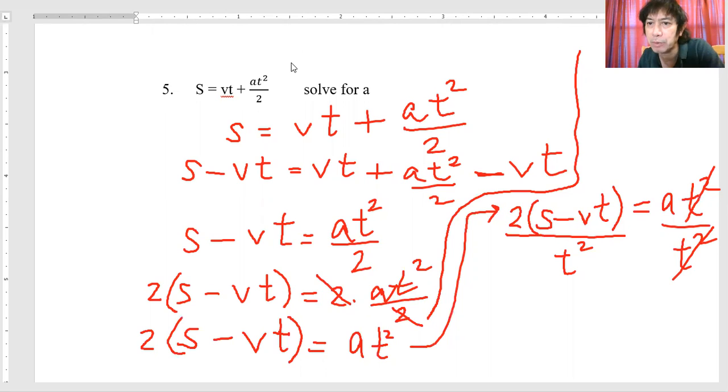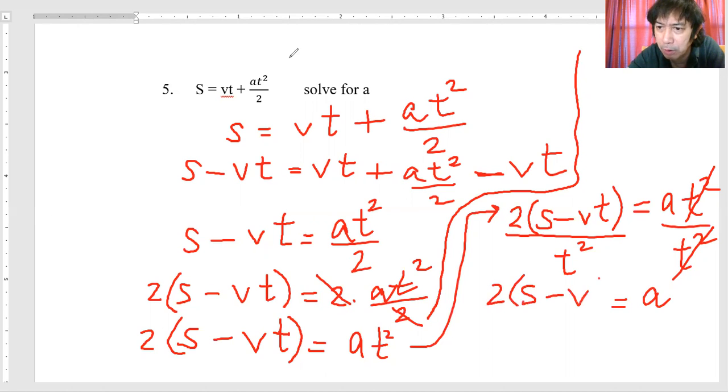The t squared cancels out with the t squared, and you will just have the a variable right there. So this is now a, and this left side is 2 times s minus vt over t squared. There. So it's almost done.